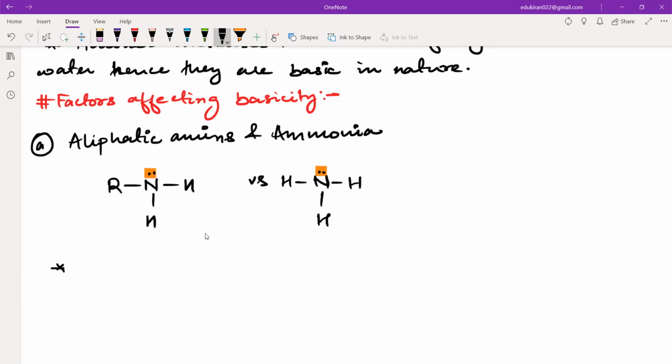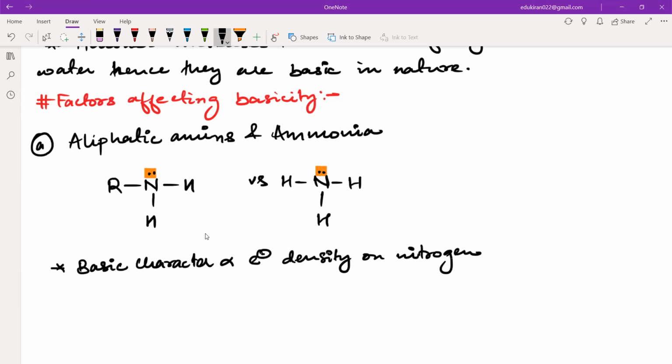The first thing you have to understand and remember is that basic character is directly proportional to the electron density on nitrogen. Now we have to just compare the electron density at nitrogen. Whenever we compare electron density, there are a few things that should come to your mind: inductive effect, resonance, hyperconjugation. So can you see any resonance here?